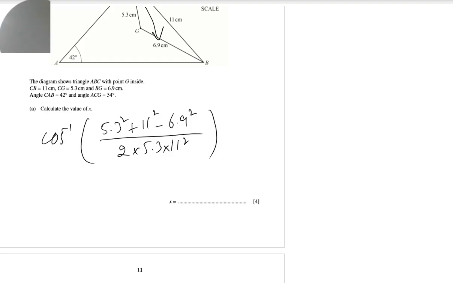Why have I written square over here? No square, 11. 29.5.